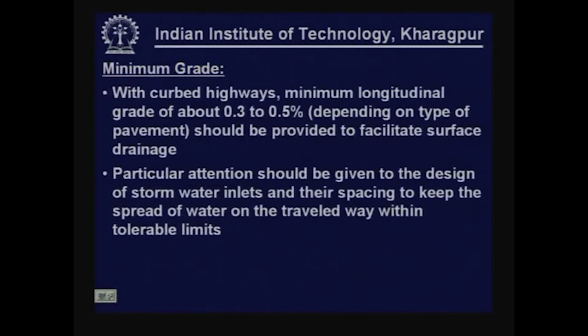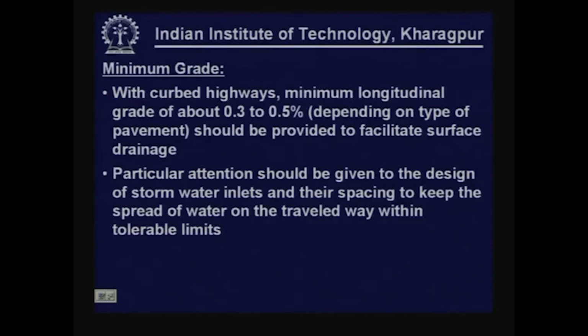Now, let us look at the other extreme, that is the minimum grade. With curbed highways, a minimum longitudinal grade of about 0.3 to 0.5% should be provided to facilitate surface drainage. Obviously, the exact grade between 0.3 and 0.5% will depend on the type of pavement.